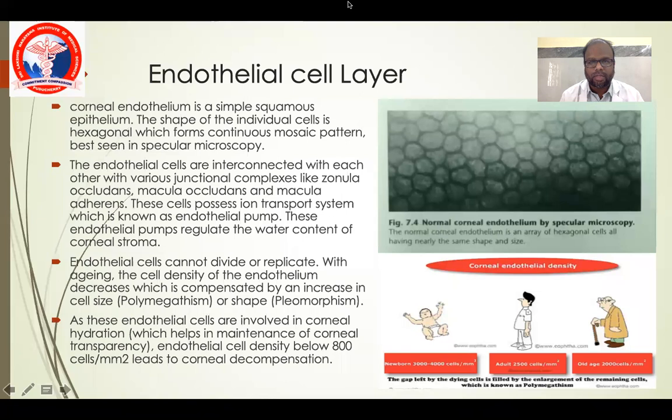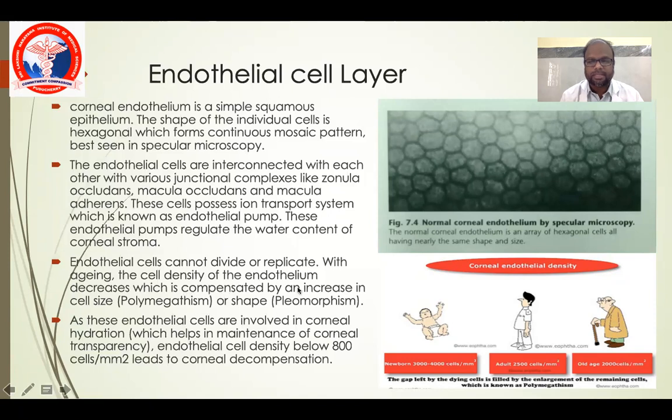The endothelial cells, as I told you, unlike the epithelial cells, cannot divide or replicate. At birth, we have around 3,000 to 4,000 cells per millimeter square of endothelial cells. In adult life, there is a constant shedding of these endothelial cells, and we have around 2,500 cells. With aging, it becomes around 2,000 cells. So they don't divide, they don't replicate, unlike the epithelial cells.